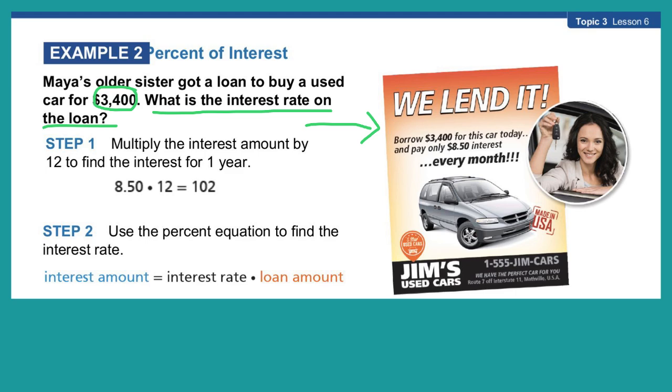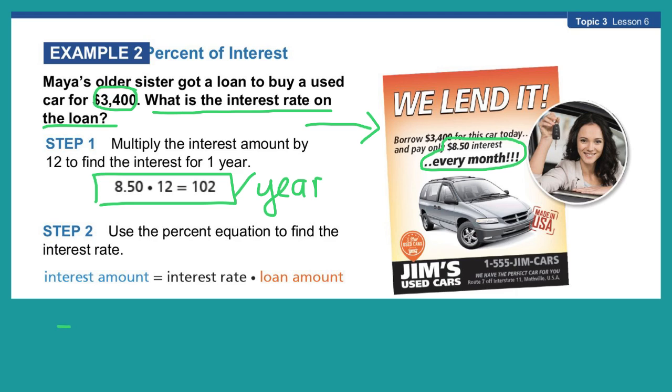It says $8.50 in interest every month. Now that's going to be important because we're talking years when it comes to loans. So our very first step is to figure out how much it is per year. So they took the $8.50 times 12 to get interest of $102 in a year.